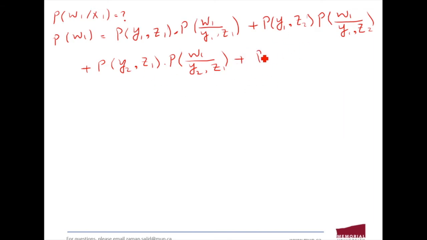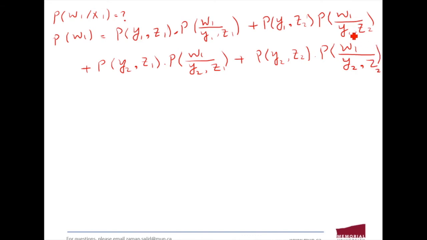So this will be the probability of Y2 and Z2, the joint probability between Y and Z, multiplied by the probability of W1 given Y2 and Z2.